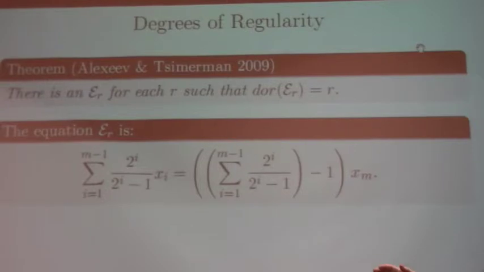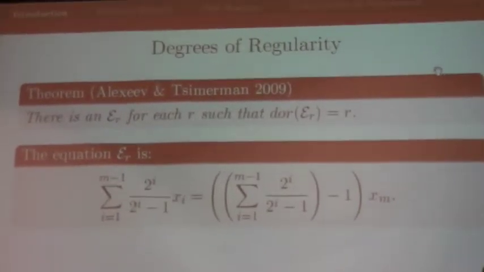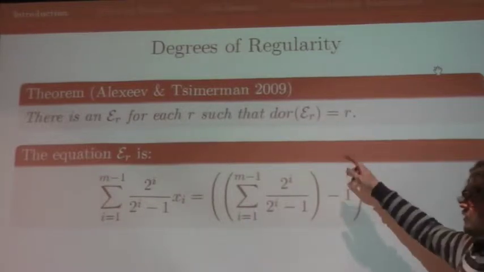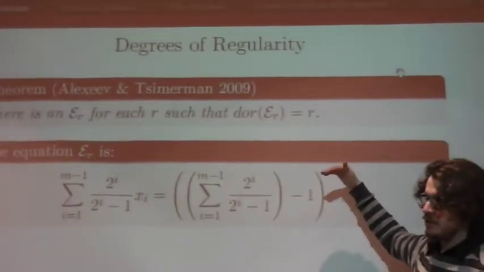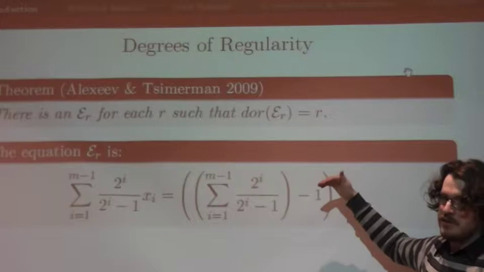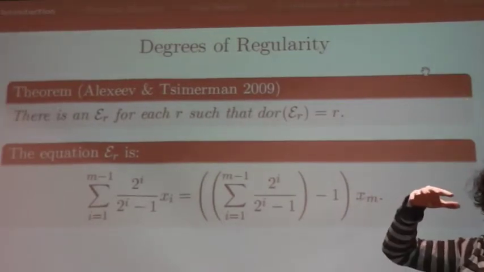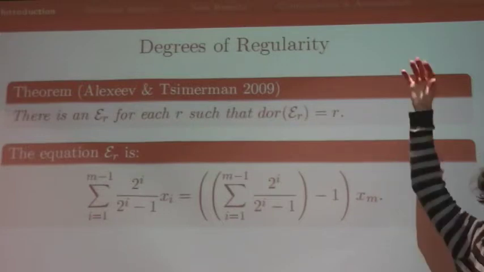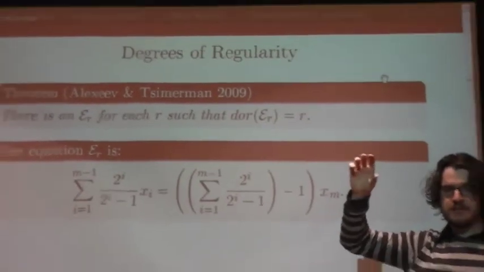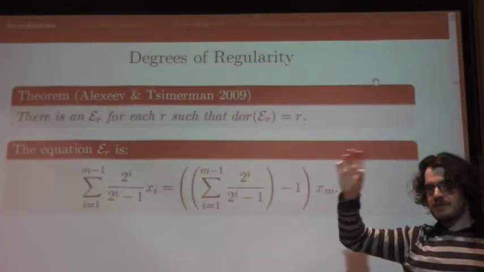And this veers a little bit away from where we're going with the results, but is an important observation. There is an equation that has exactly degree of regularity r for all r. So there's some stratum that every equation falls into where either it's regular for all r or it's regular for a specific r. But these are distinct classes.